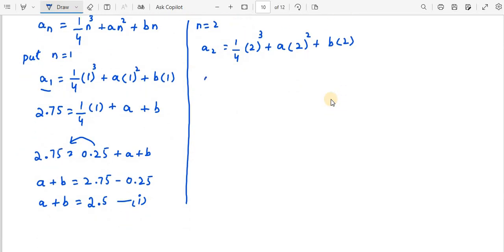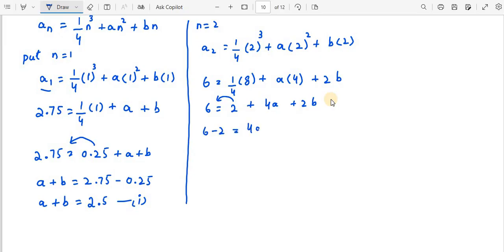So here write 6 is equal to 1 by 4, 2 raised to the power 3 is equal to 8, plus a, 2 raised to the power 2 is equal to 4, plus 2b. 6 is equal to 8 over 4, which is equal to 2, plus 4a plus 2b. So this 2 shifts to this side, 6 minus 2 is equal to 4a plus 2b.